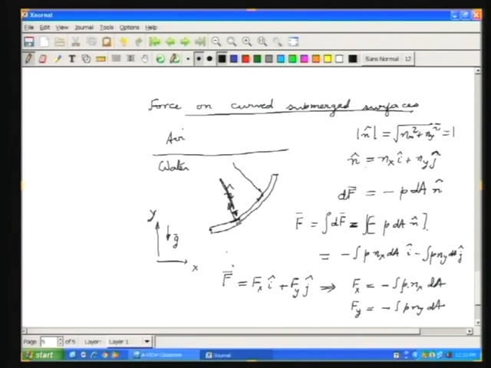So, this pressure is not the pressure at any point, but the pressure at the point on the surface. If you want to emphasize that, you can put a subscript s, but the moment you write dA here, it is obvious that it is the pressure on the surface of this.